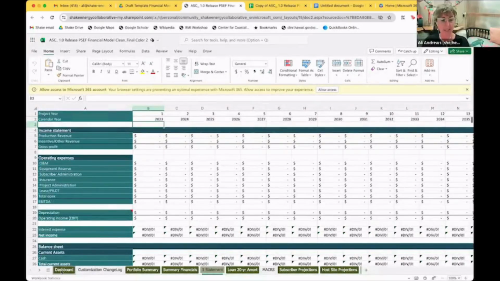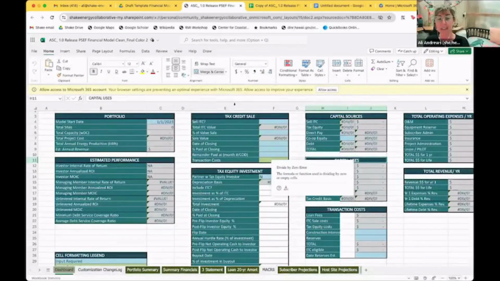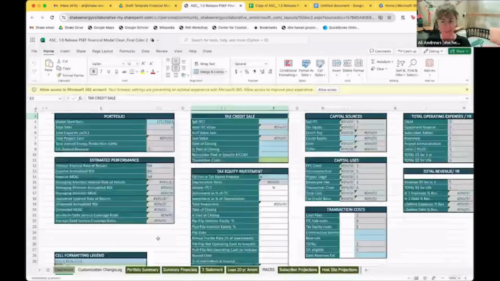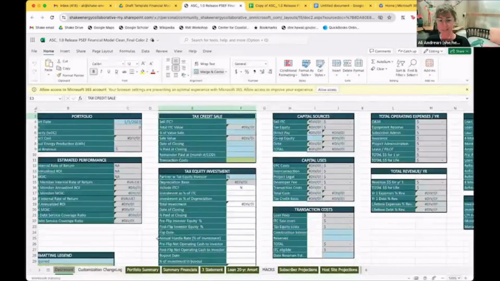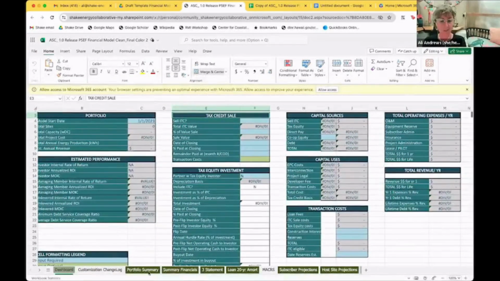But you can see some of the aspects that Mac was speaking to. We've got our capital sources and our capital uses that will be populated. We've got some tax credit information, and then some ROI, and I think there's probably IRR information about the returns in here too.